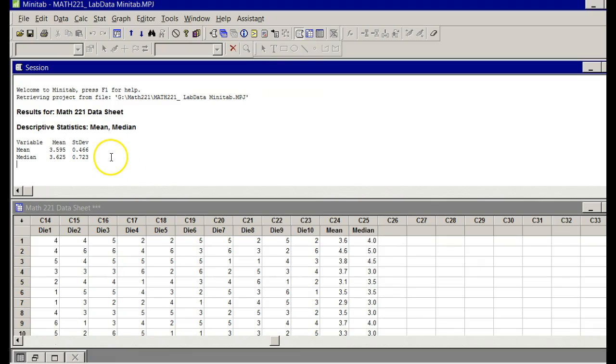Well, I love this because this is where the standard deviation is really applicable. The mean data has a lower standard deviation, and this is the way I would compare them. Remember, I changed the data. The standard deviation of the means was 0.466 compared to the standard deviation of the medians, which was 0.723.